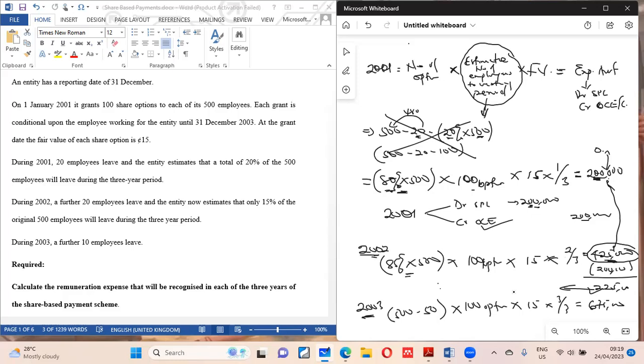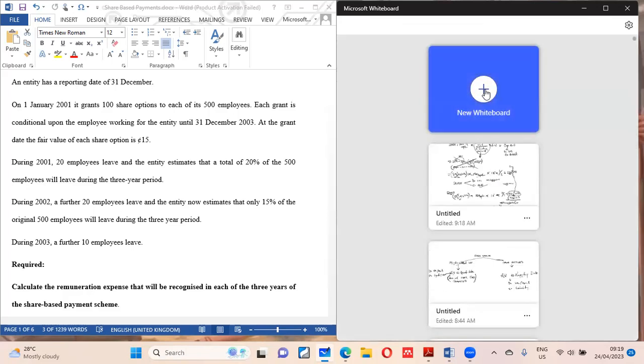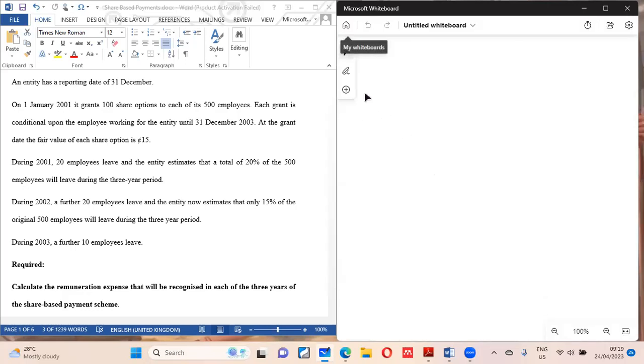So how much do you think will go to the P&L? Minus 200. 250,000, yeah. The question will always ask you to show how it will be in the financial statement. So you have an extract of the financial statement.